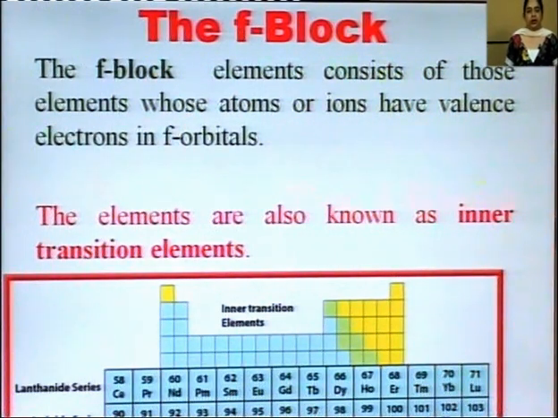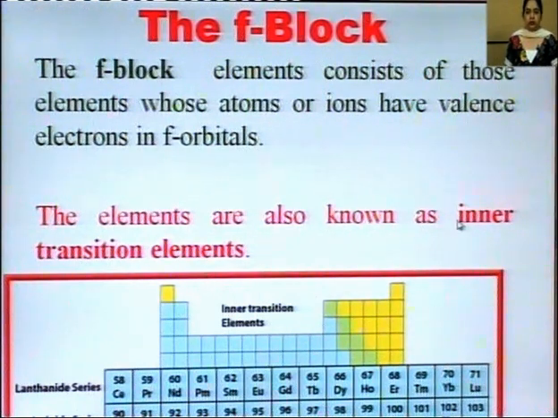F block elements. The F block elements consist of those elements whose atoms or ions have valence electrons in F orbitals.